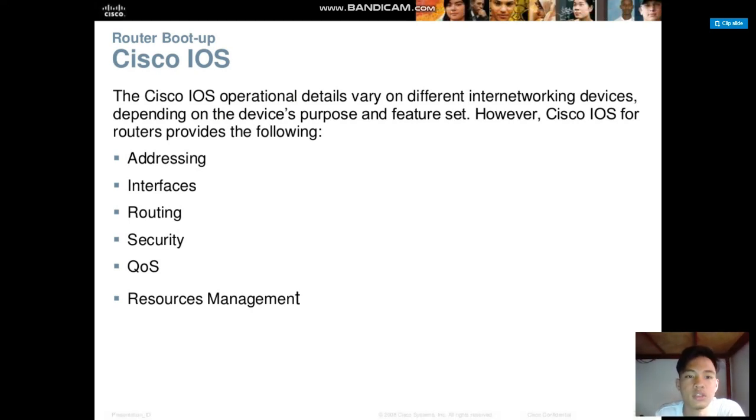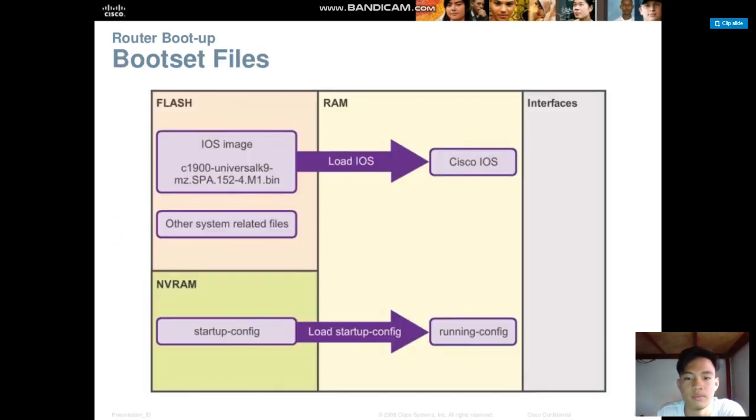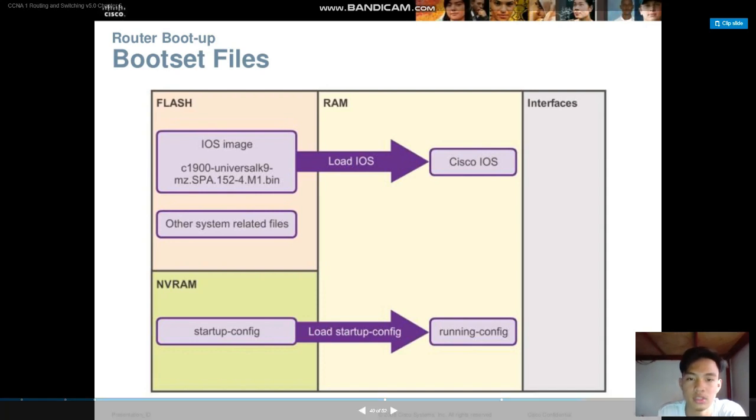Cisco OS. The Cisco OS operational details vary on different internetworking devices, depending on the device purpose and feature set. However, Cisco OS for routers provides the following: addressing, interfaces, routing, security, QoS, and resources management. This is the bootset files illustration.